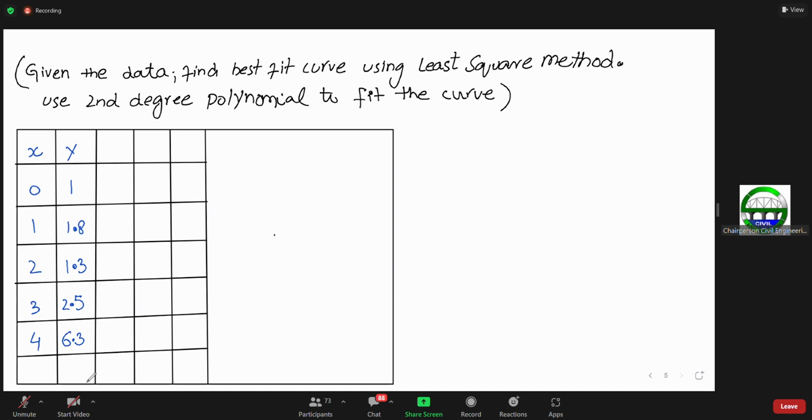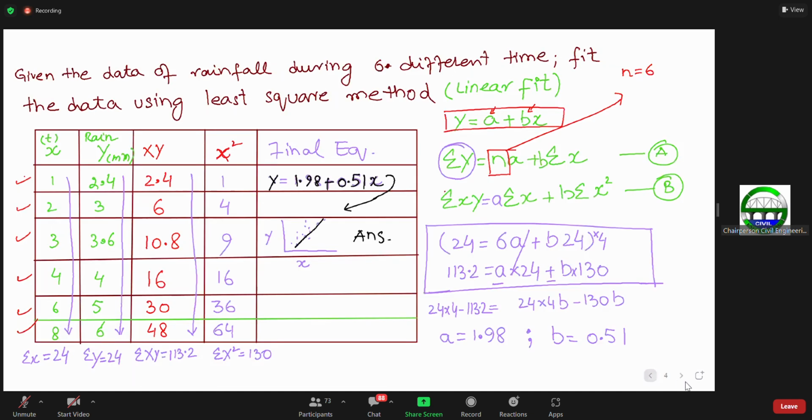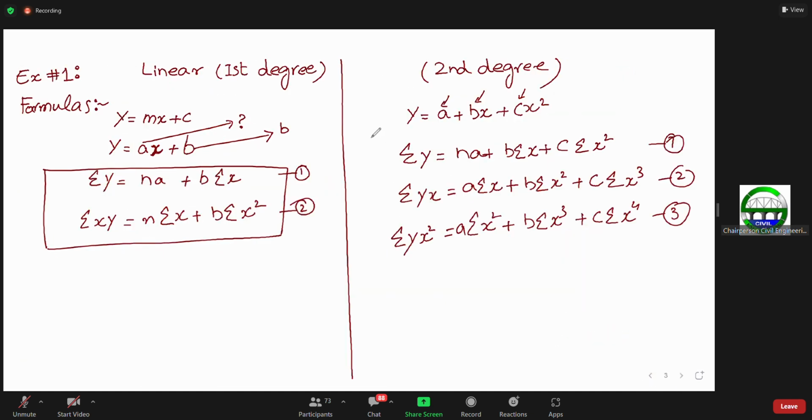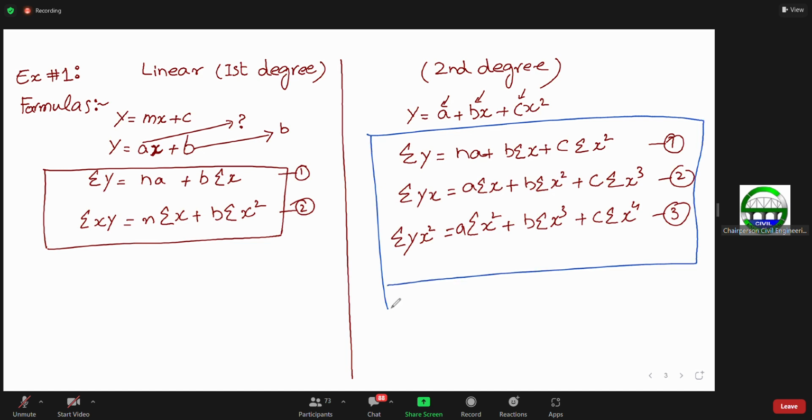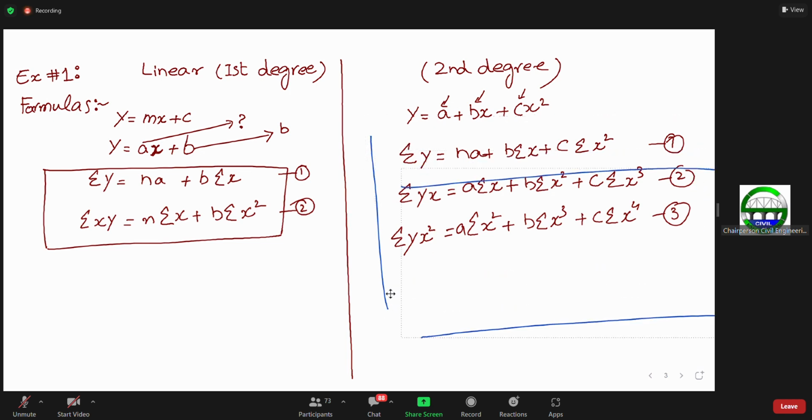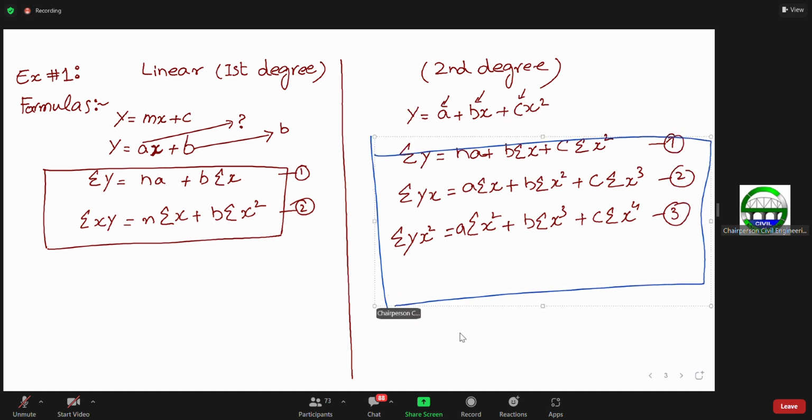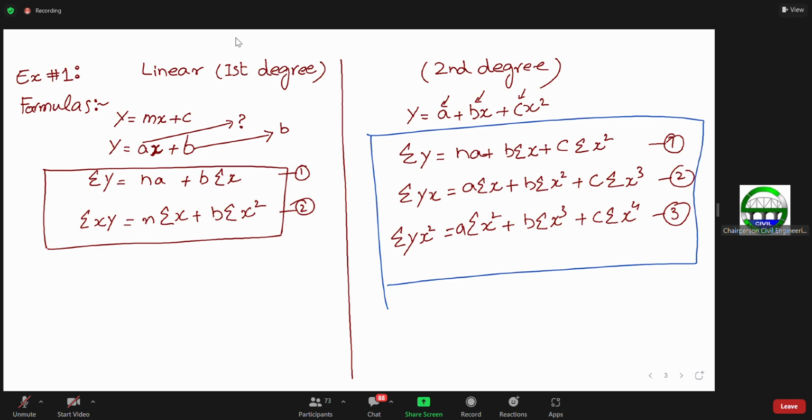Okay, so now first we have to look at the formula. Okay, so this is the formula. Let's write this formula over here.